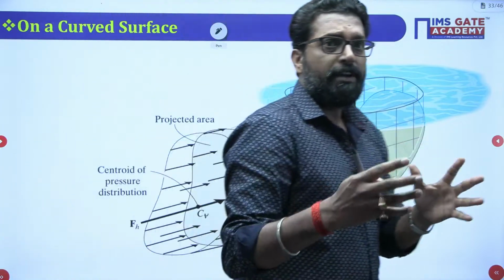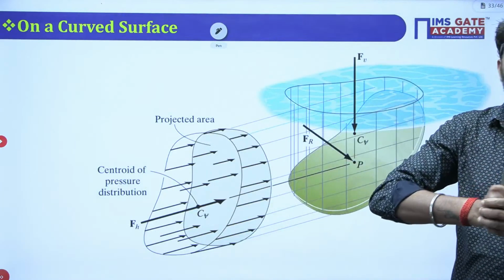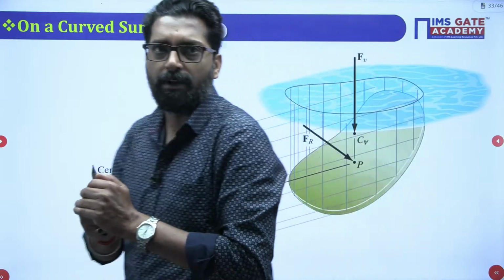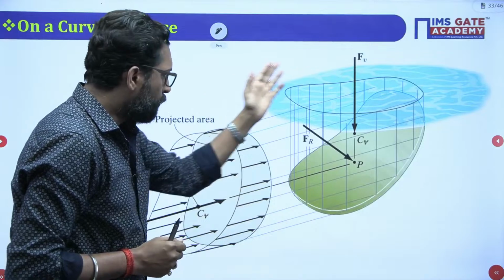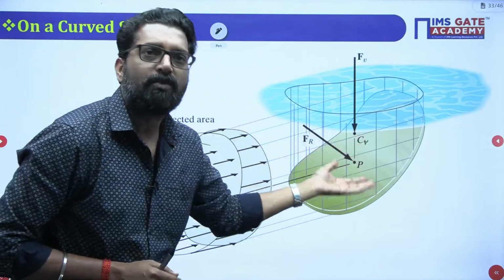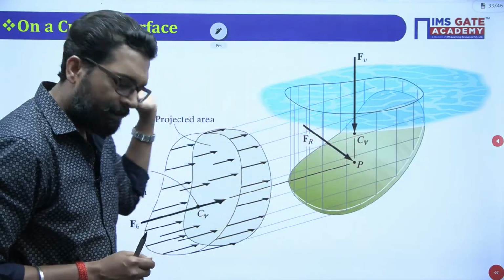There is a difference between the hydrostatic force on a flat surface and on a curved surface. Different methodology. In this one, the force is a concurrent force system. Why?